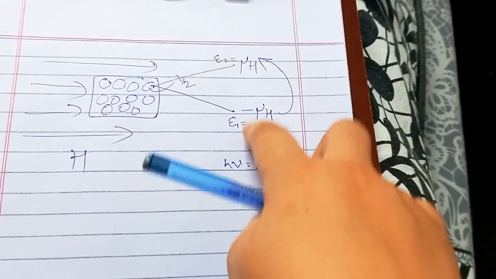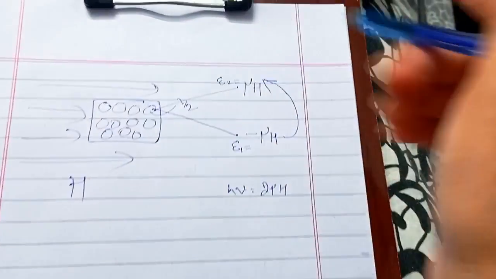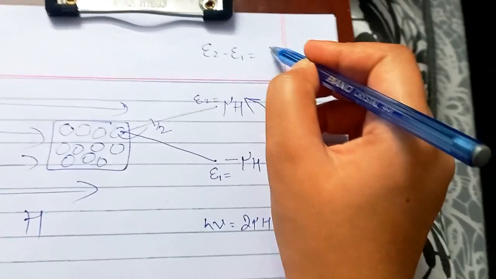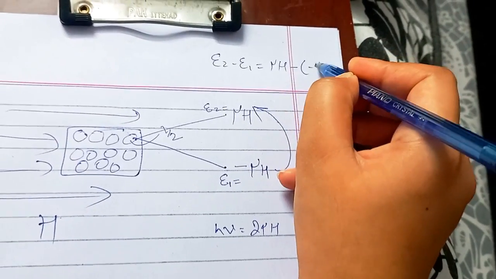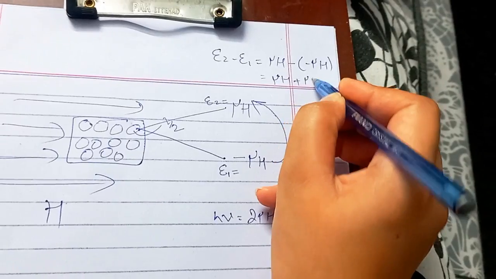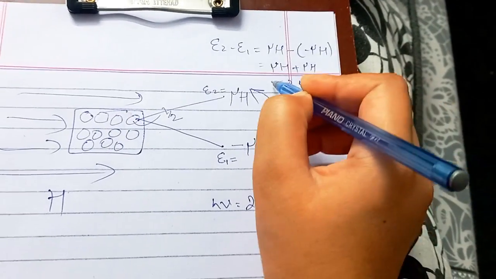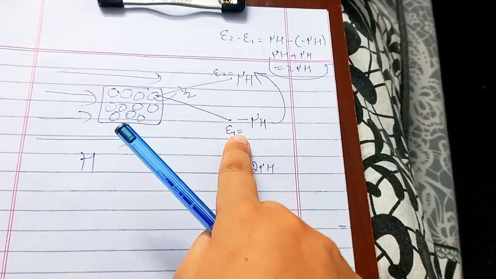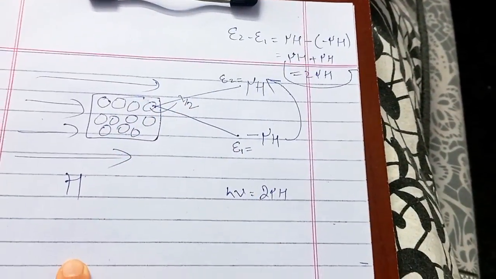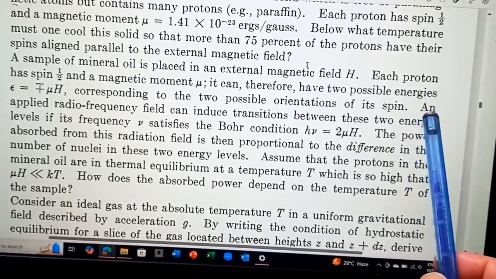Because the difference in the energy levels, E2 minus E1, is mu H minus minus mu H, which equals mu H plus mu H, which equals 2 mu H. That is why this amount of energy has to be absorbed by a lower energy proton to transition to a high energy state. Okay, so let's again read the statement.